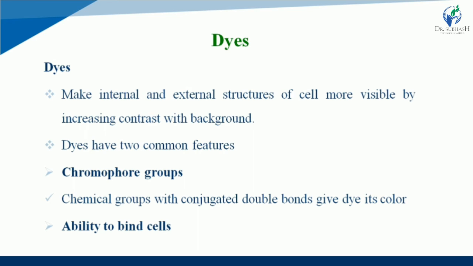The first is chromophore groups and the next is the ability to bind with cells. In chromophore groups, chemical groups with conjugated double bonds give the dye its color. The next is that dyes have the ability to bind with cells.